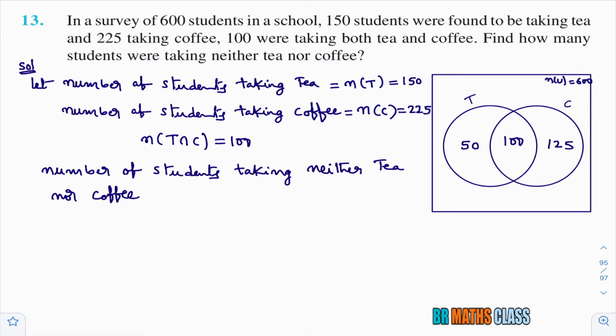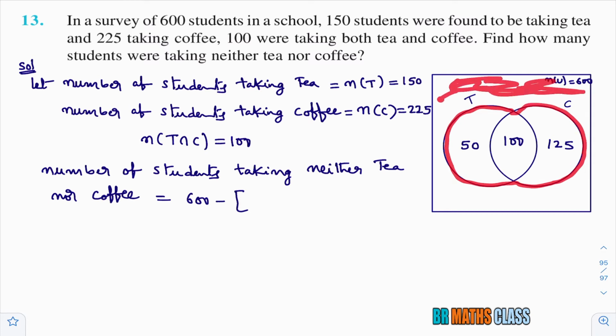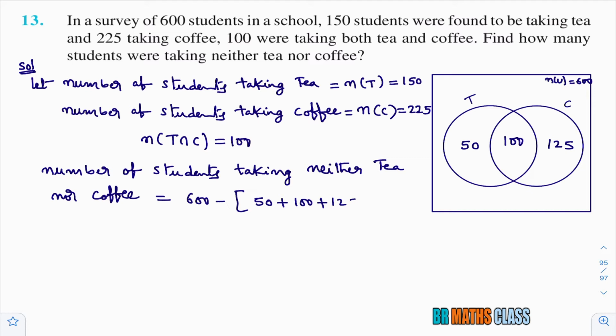So I'll write: number of students taking neither tea nor coffee equals, here the total survey is done on 600 students. From 600, if I remove this part, whatever the remaining part is, in this part the students are there who are neither taking coffee nor tea, right? So 600 minus (50 plus 100 plus 125).